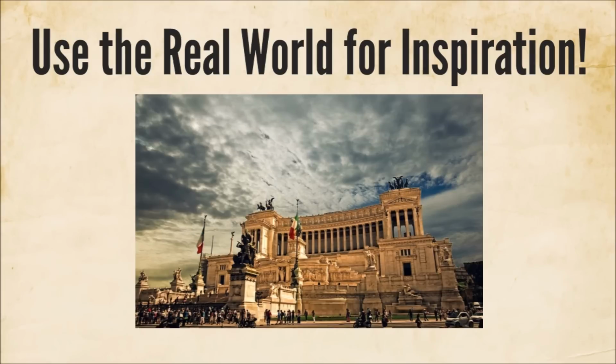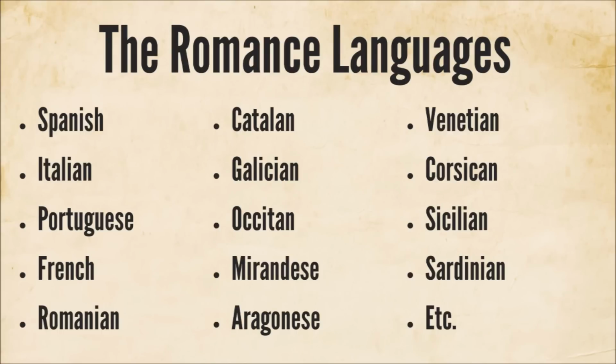And what I'm going to do is start with the basis of something in reality. This is something that I like to do for any creative project. I think the best place to start, as many of you that are familiar with some of my other videos will know, is that I always start with some kind of historical or real-world significance, some kind of element within our real world, and use that as the basis point for my inspiration. So what I'm going to do with this language, Seidol, is base it kind of on Romance languages, so Spanish, Italian, Portuguese, French, Romanian, those sorts of things.